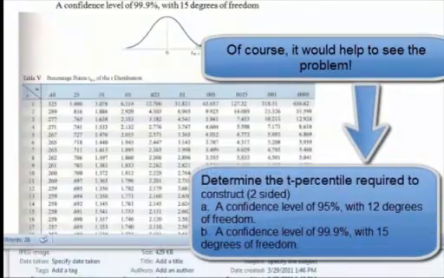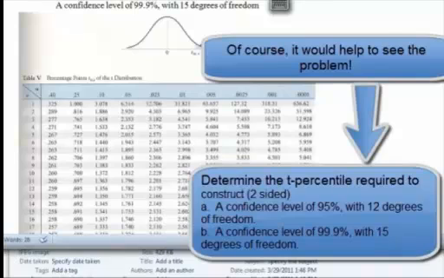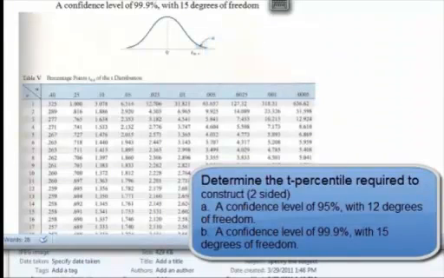So now let's look at a problem in which we're required to determine the t percentile required to construct two-sided confidence levels of 95% with 12 degrees of freedom. So that's the first one we want to do.